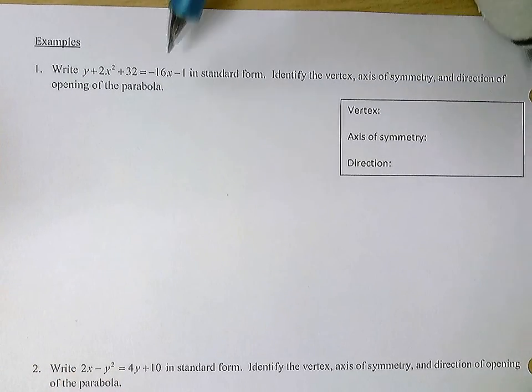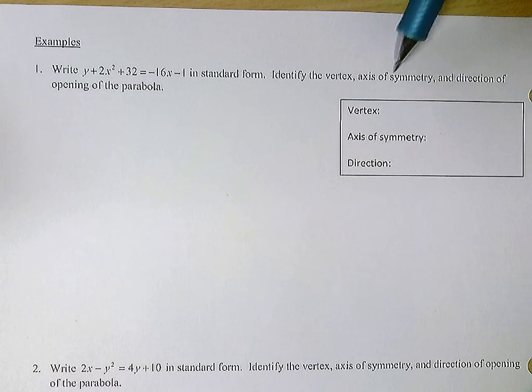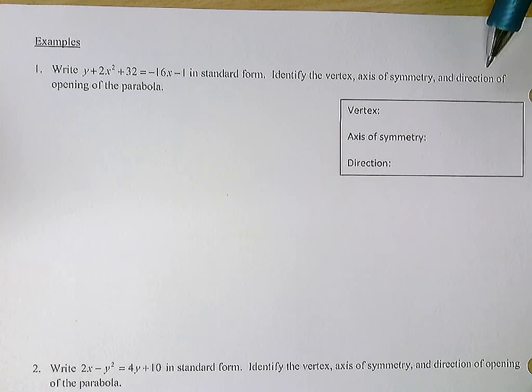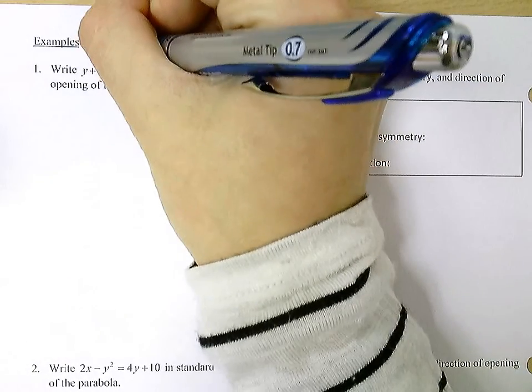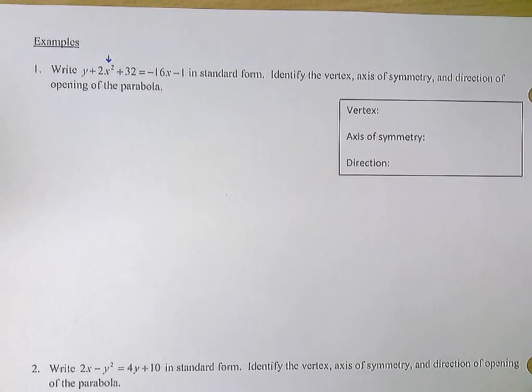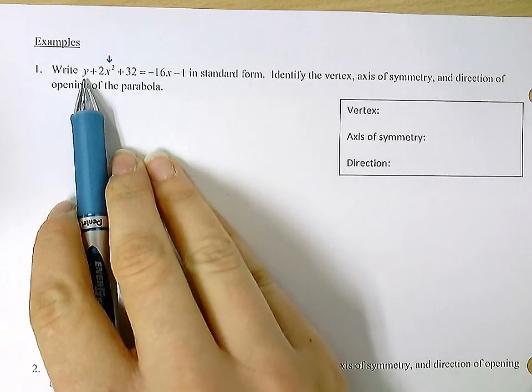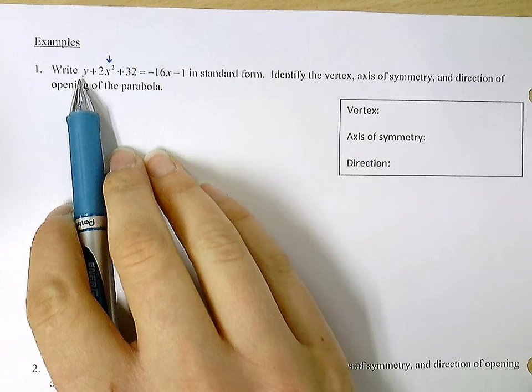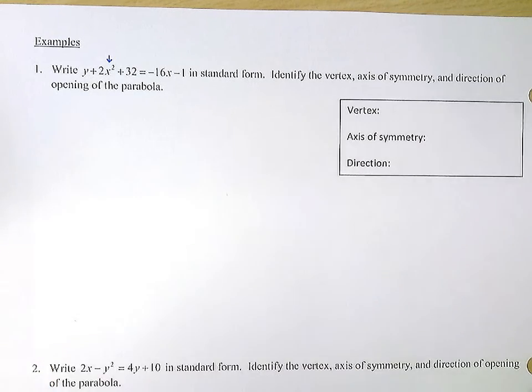So we want to write this equation in standard form and then identify the vertex, axis of symmetry, and direction of opening. Okay, so to write this in standard form, we need it to either say y equals or x equals. So I always identify which one of my values has a squared. Okay, so I have an x squared value, right? So that means my equation is going to be a y equals. Okay, I don't have a y squared, so I need to make this say y is equal to.